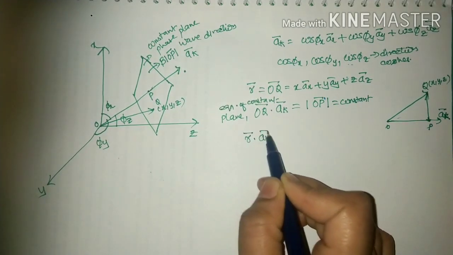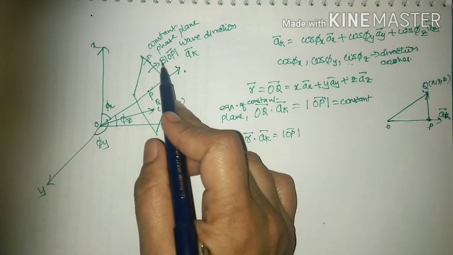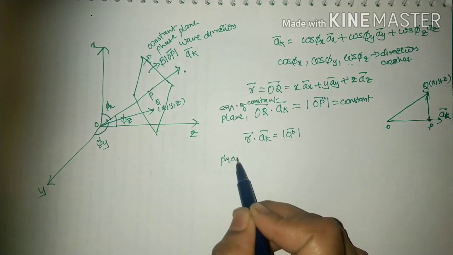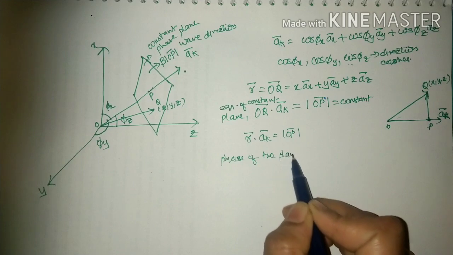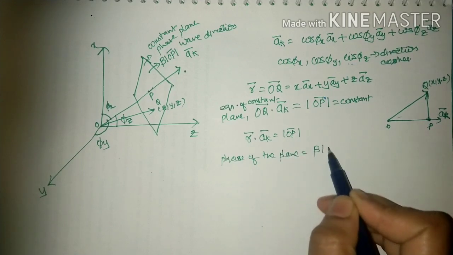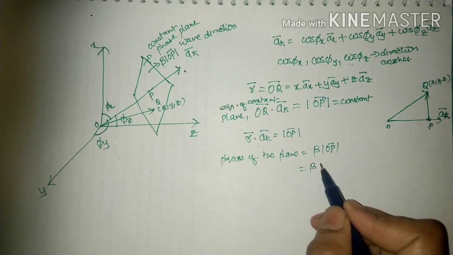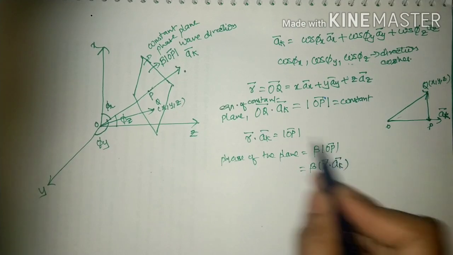R bar dot AK bar is equal to mod OP bar. So if you know the length OP bar, the phase of the plane is equal to beta into mod OP bar, which is equal to beta into R bar dot AK bar.